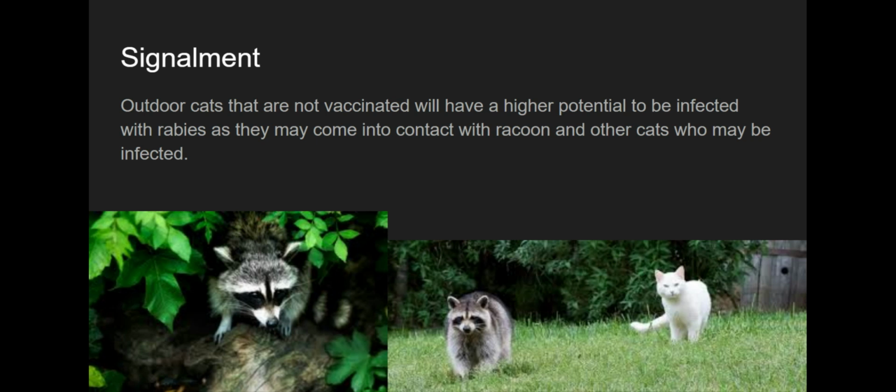Raccoons are very common in having rabies. Bats too, but I imagine cats don't run into bats all that often. So raccoons are kind of the biggest transmitters of it.